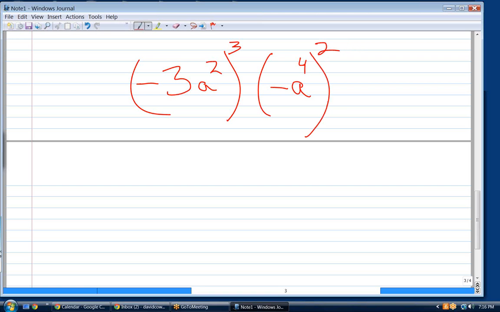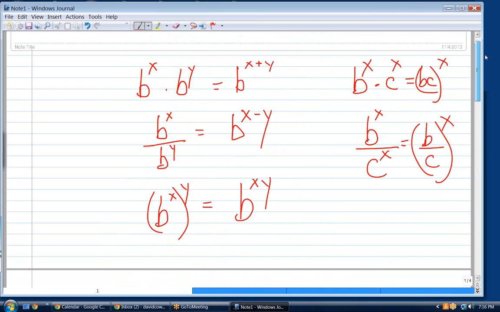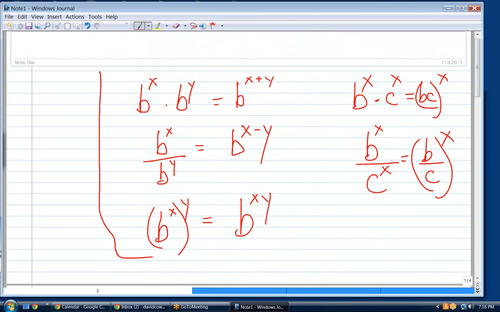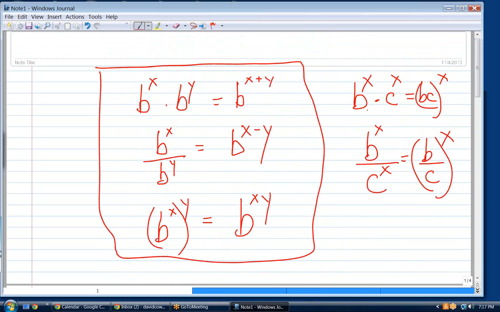Like I said, the only thing you need to do all of your exponent problems are primarily these first three rules. It's rare. So far we haven't had a problem where we had to use this rule or this rule. So these three rules are enormous. They not only apply to exponents, they're the same three rules that apply to logarithms.